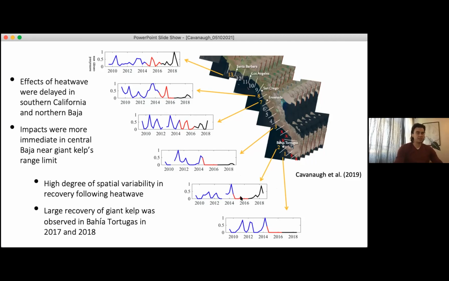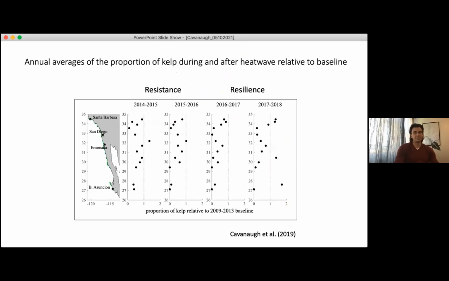It was definitely negatively impacted by the heat wave, but had a pretty strong recovery. And 2 years after the heat wave, was back at pre-heat wave levels, even though we're really close to the range limit. And so, this is indicating that this area is potentially a refuge from these heating events.